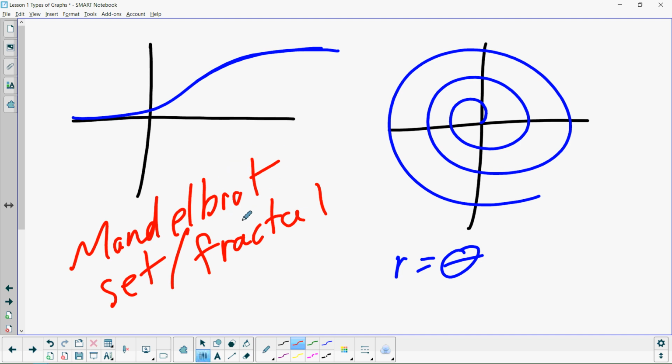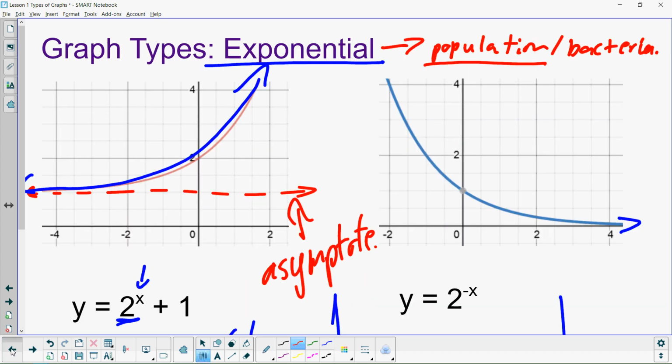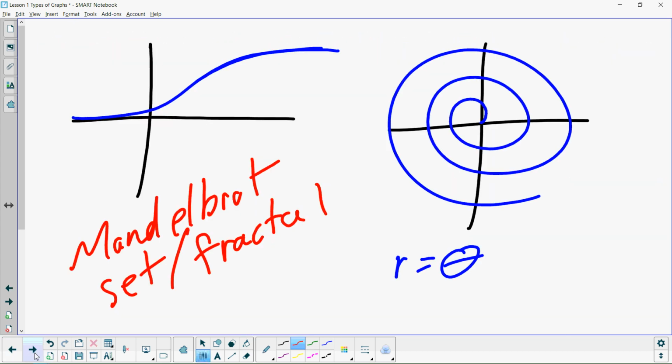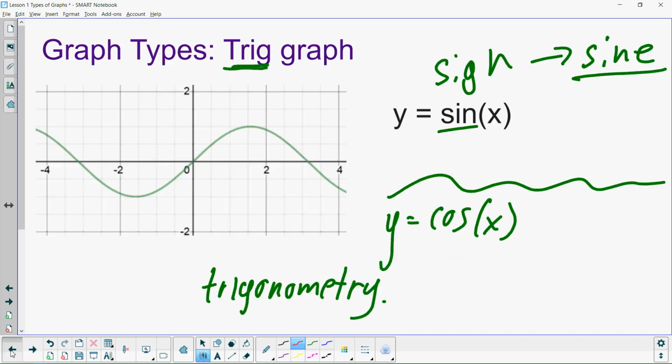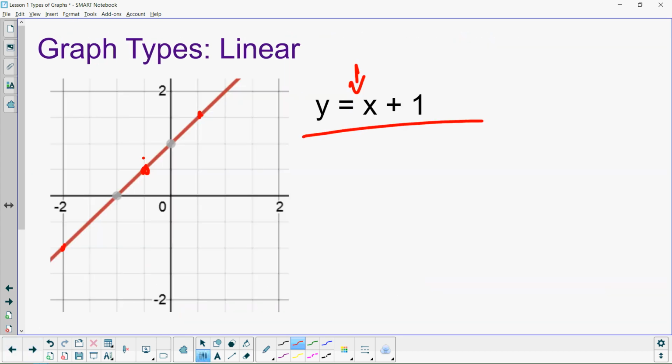It's fun to look at. It makes my brain feel good. So you go look at that. My point is, this is not a complete list of graphs. There are so many weird-looking graphs in math. But these are the ones we kind of expect you to know: linear, quadratic, exponential, absolute value, and trig.